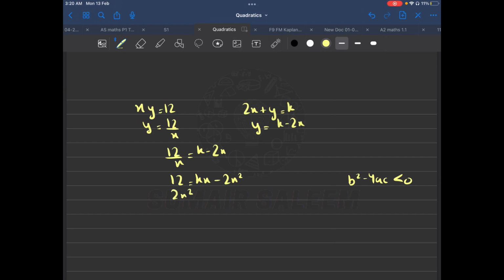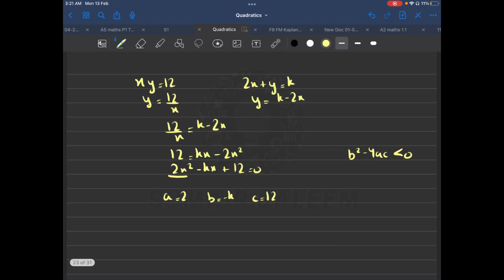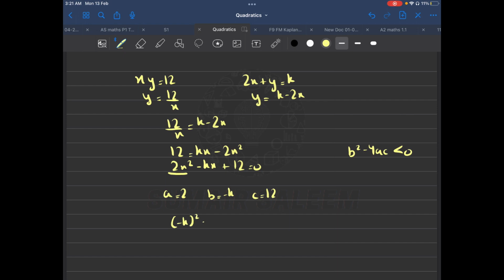Shift x squared to one side, making sure it's positive, plus 12. Now a is equal to 2, b is equal to minus k, and c is equal to 12. So k squared minus 4 into 2 into 12 is less than 0.